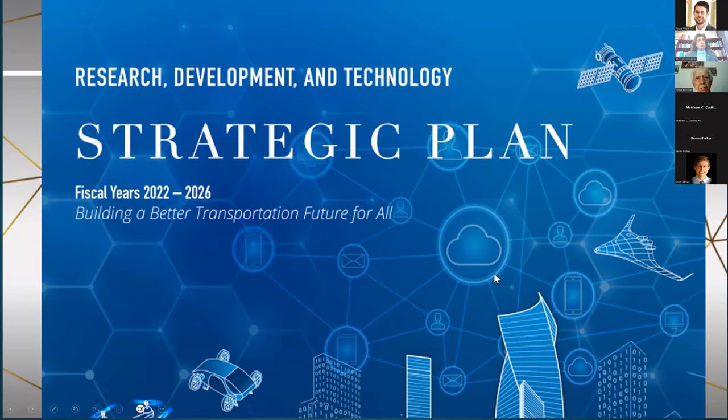The other thing I would like to mention, if you have not looked at it, is a document called the USDOT Research, Development, and Technology Strategic Plan, 2022-2026.